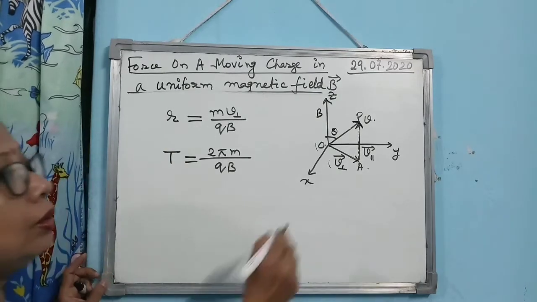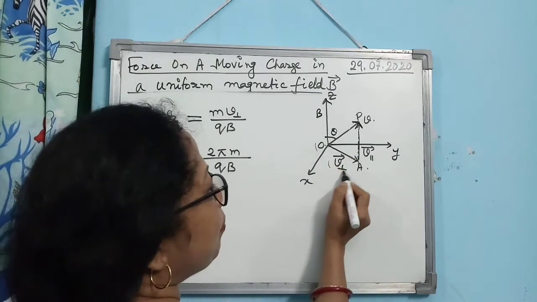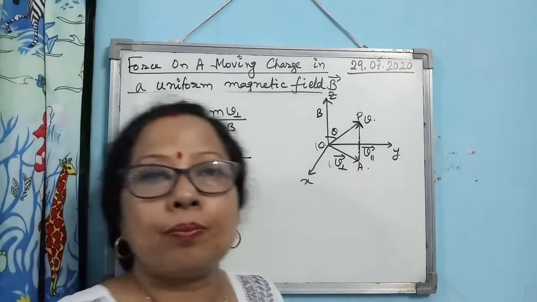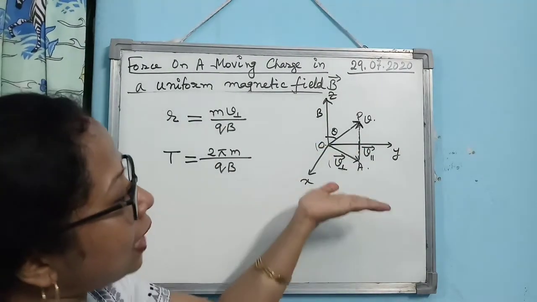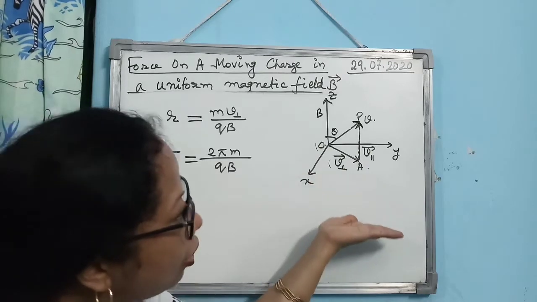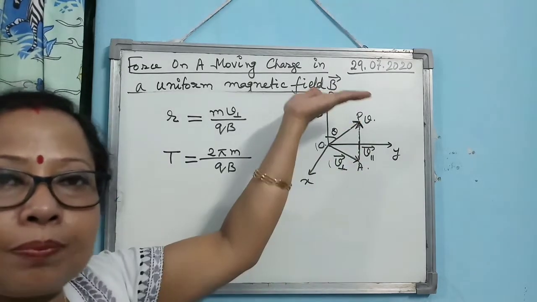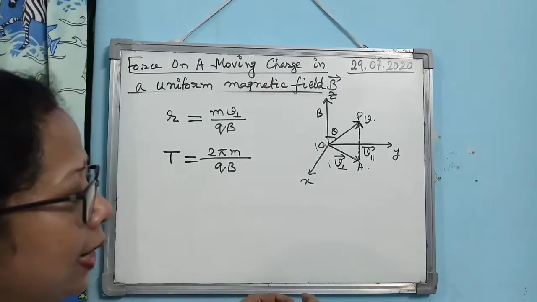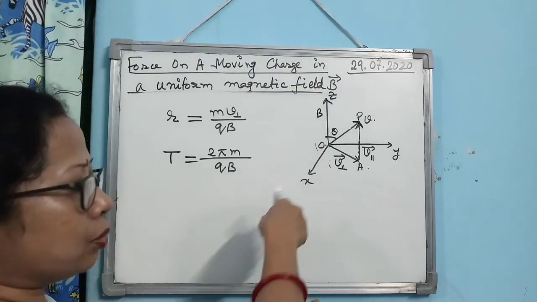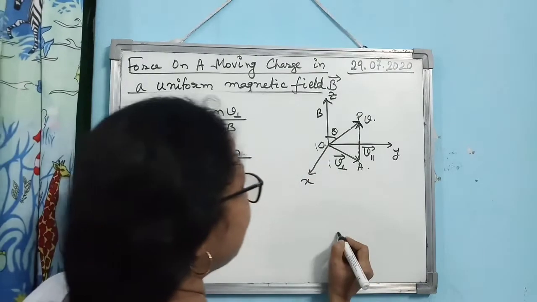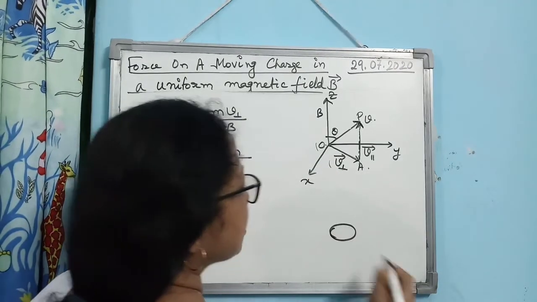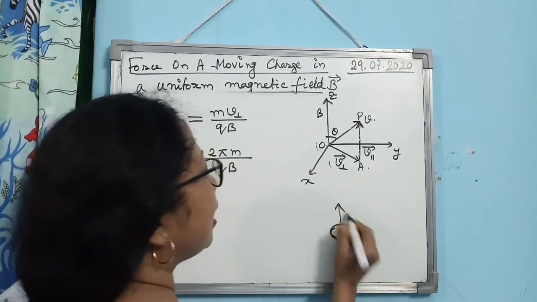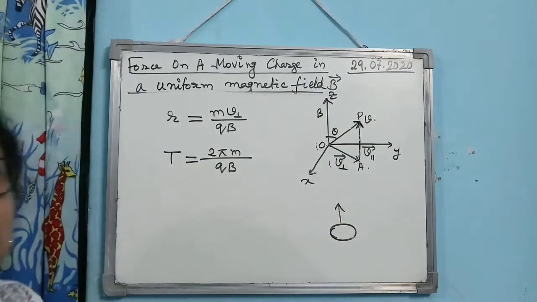Now I have considered only the perpendicular component, but what about the parallel component? Due to the parallel component, the charged particle will move along the direction of the magnetic field in a straight path. So for the perpendicular component, it is moving over a circular path, and for the parallel component, it has a translational motion along a straight line.